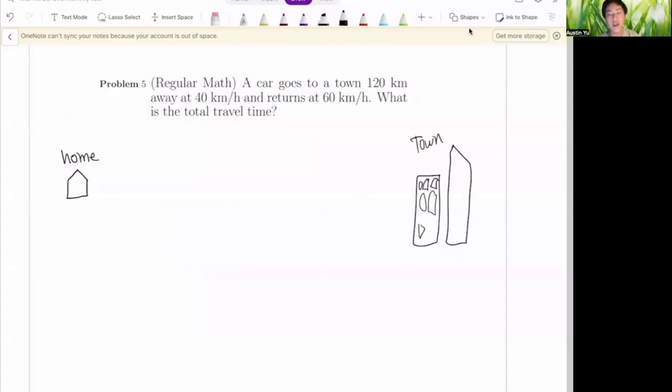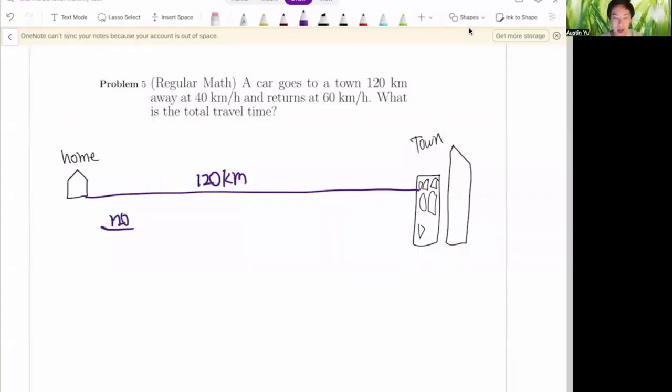Perfect. So it goes to a town 120 kilometers away, which means that the line here should be 120 kilometers. And the time to go would be 120 divided by 40 kilometers an hour, which means that in total it took 3 hours to get to town.